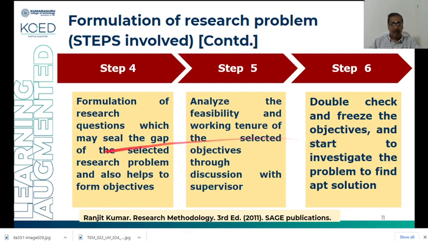After selecting the subdomain, you form research questions, which are the basis for formulation of research objectives. Reframe the research objectives through proper analysis, and then you freeze the objectives, and then you can go for investigation of the problem. These are the steps which any researcher should focus on for formulating a research problem.